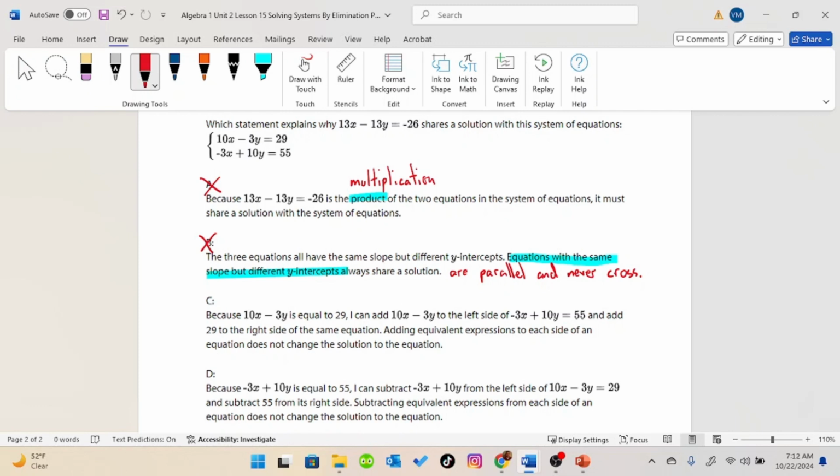Adding equivalent expressions to each side of an equation does not change the solution to the equation. While that statement is true, 10x plus negative 3x would be 7x, not 13x. They did not add. So when it says that they added, that's the problem.